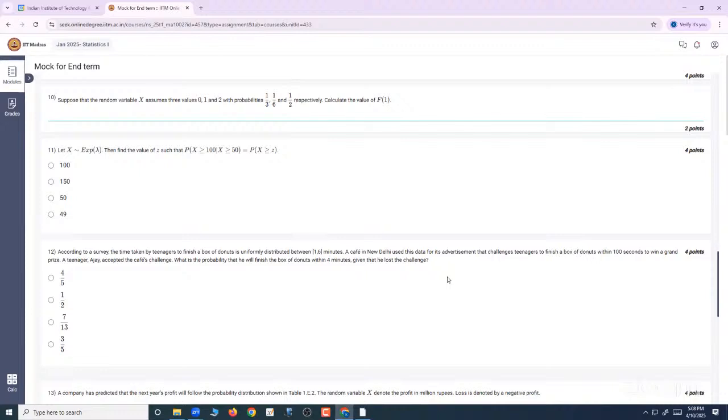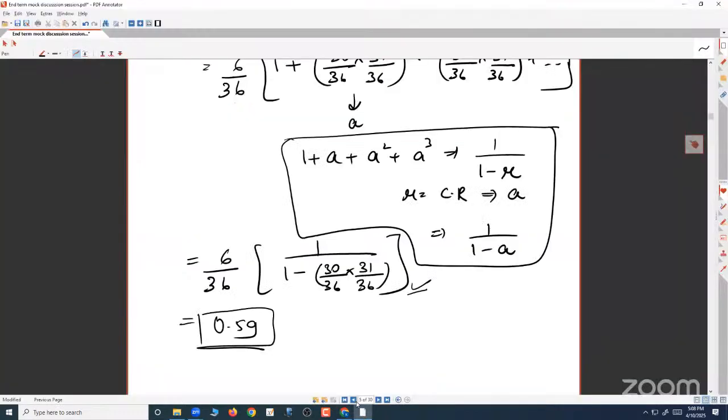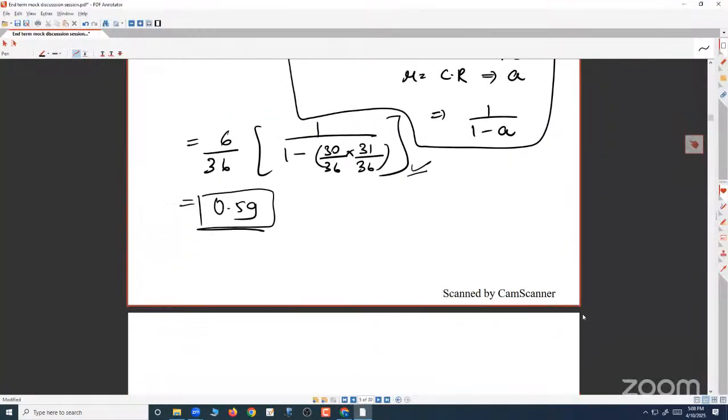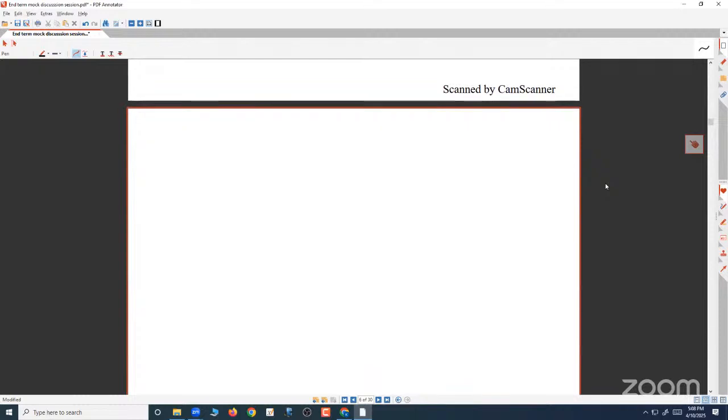Now is it coming? Do I need to solve it? Okay. So the question is, we have to calculate F1. If you know F(x), the CDF, it is the probability that X is less than or equal to x.